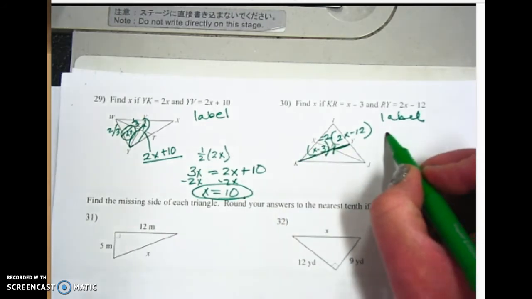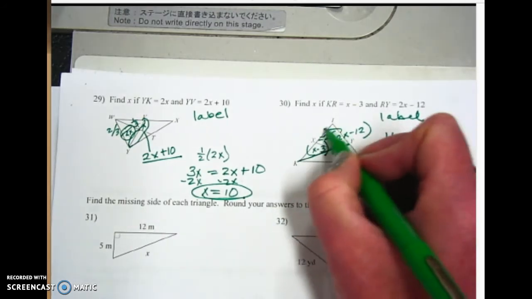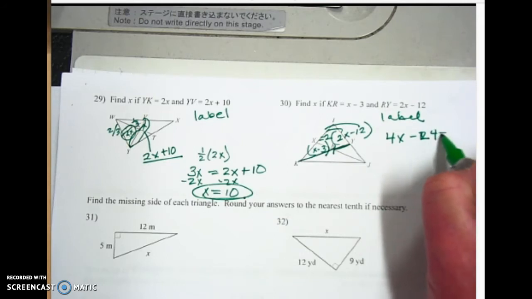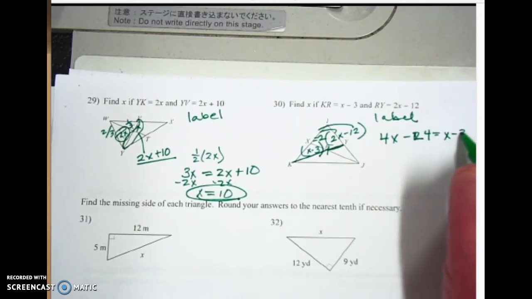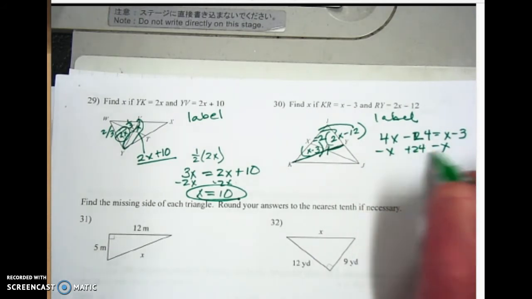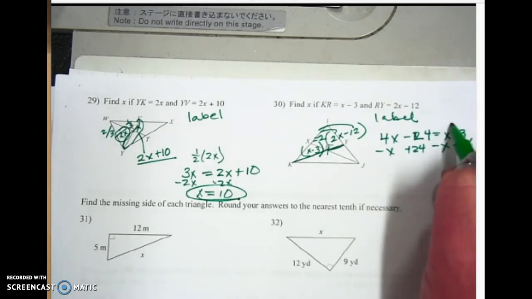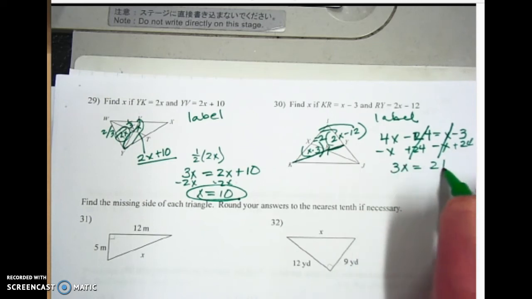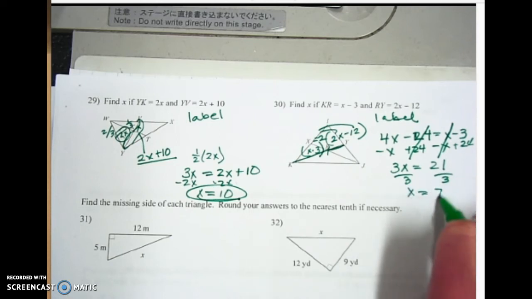So that'll be 4x if I distribute here and here, minus 40, minus 24 equals x minus 3. Subtract x from both sides, add 24 to both sides. Opposites, opposites, we have 3x equals 21. Divide both sides by 3. We get x equals 7.